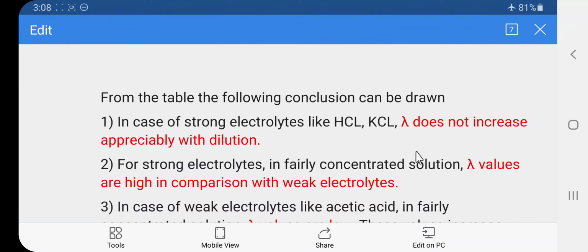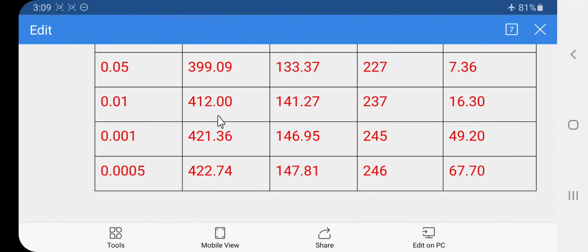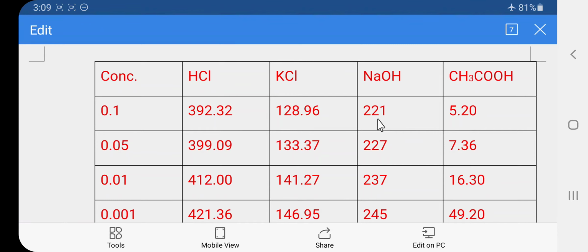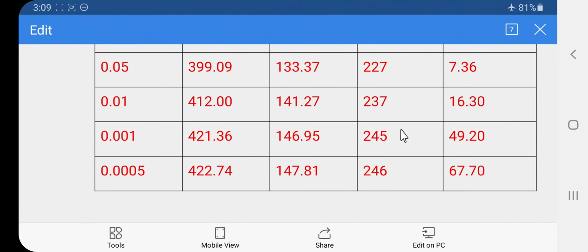The first conclusion is that in the case of strong electrolytes such as HCl, KCl or NaOH, lambda does not increase appreciably with dilution. That means practically the value of lambda is the same as we increase the dilution. Let us consider once again the case of NaOH: 221, 227, 237, 245, 246.